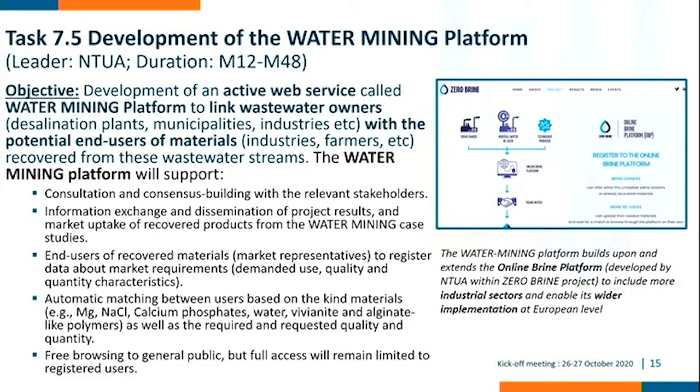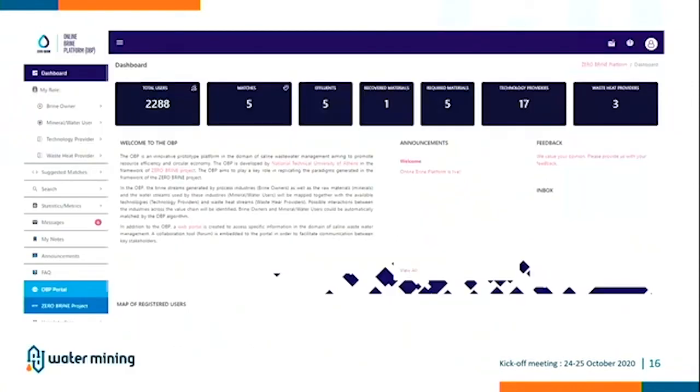And this platform will help essentially market uptake of the recovered products from the water mining cases by allowing end users of recovered materials to register data about market requirements, so demand, use, quality, and quantity characteristics, and the platform will match buyers and sellers based on the kind of materials, but also the thresholds in terms of quality and quantity that are required, which is very important. Actually, Mark made a very important point to this effect in his keynote earlier on. So again, we are on solid footing here.